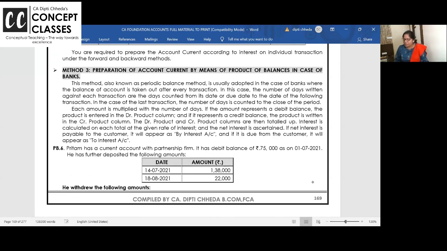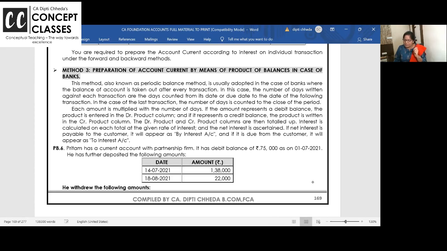It is usually adopted in banks, where the balance of the account is taken after every transaction and the number of days are written. Every day, whatever my balance is, 10,000, then I have withdrawn 1,000, then 9,000. After 3 days I have deposited 3,000. So whenever there's a transaction, the balance changes, and for that many days interest is calculated.